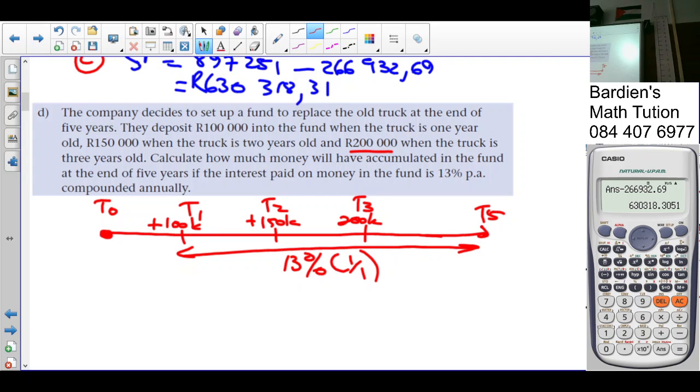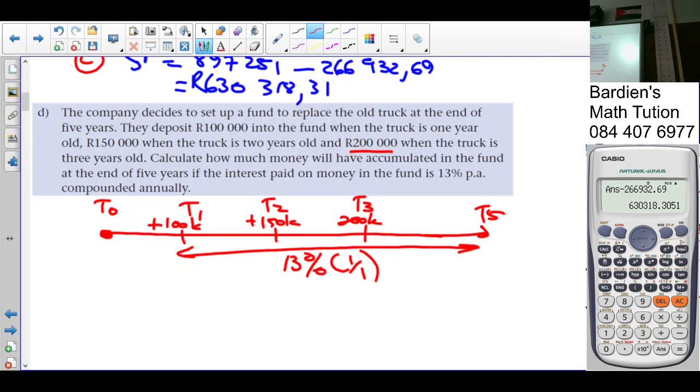So instead of asking you how much money is in the fund at the end of 5 years, they could have asked you what is the shortfall or the surplus money at that point. Okay, understand? So maybe that won't give you exactly that value. You could either be short or over. But the idea is to come very close to this amount.